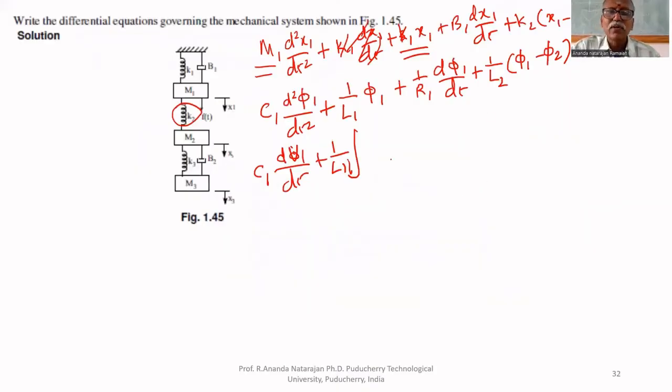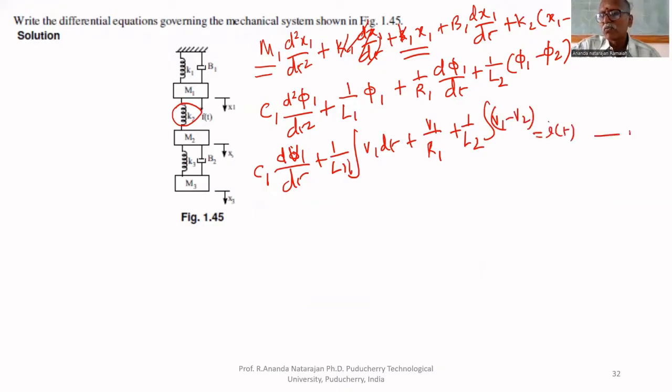Therefore, 1 by L1 integral of V1 dt plus V1 by R1 plus 1 by L2 integral of V1 minus V2 dt equal to I of t. We got one equation.